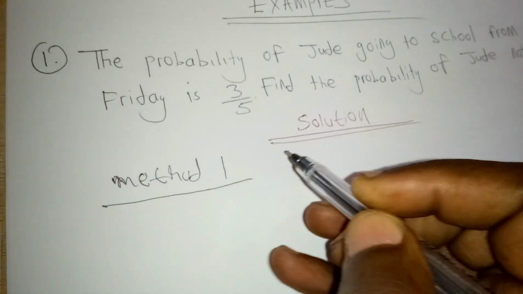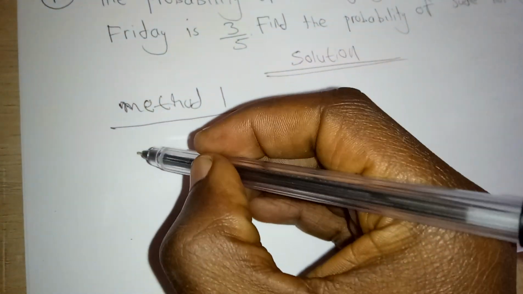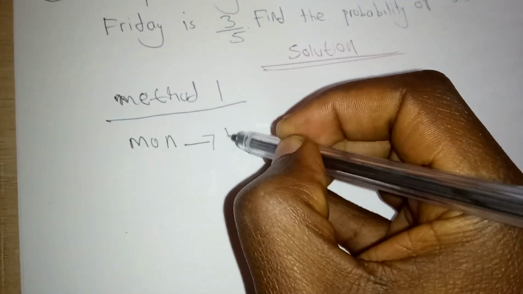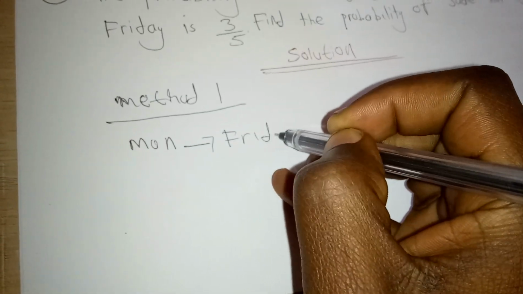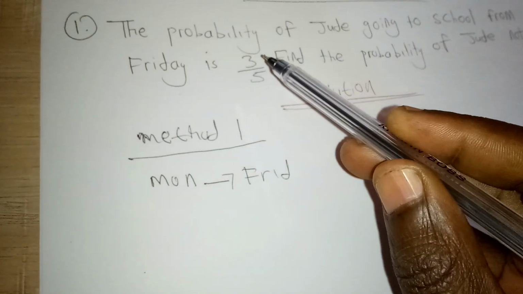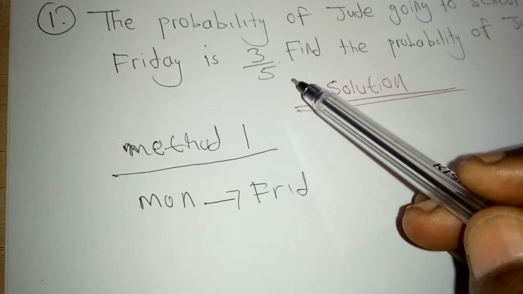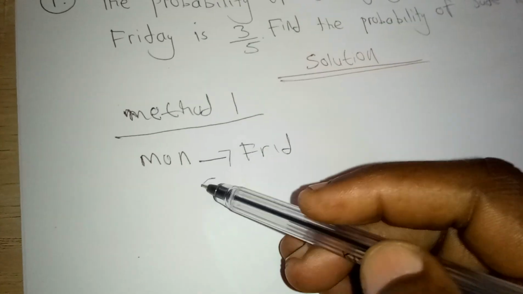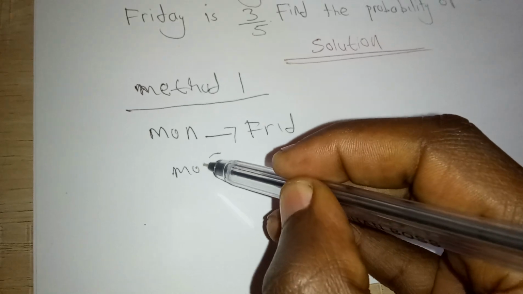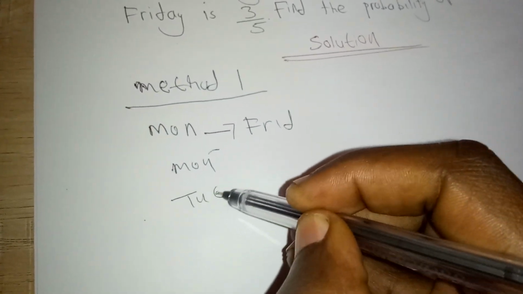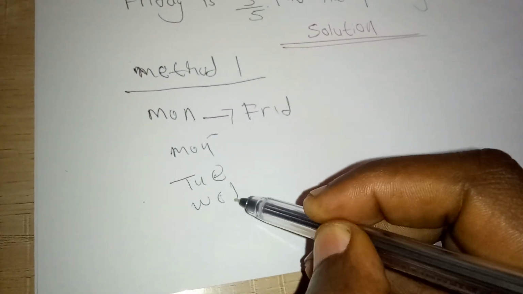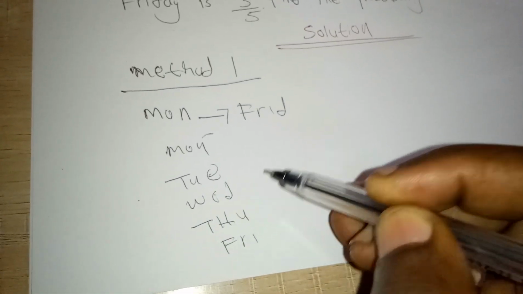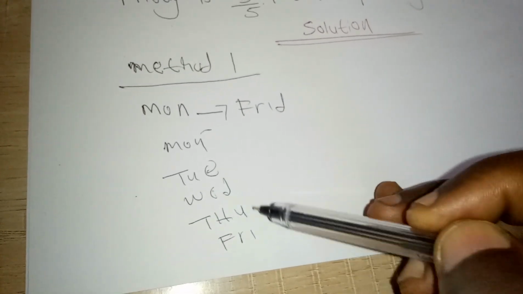We have been told that the probability of Jude going to school from Monday up to Friday is 3/5. Take note that this 5 represents the number of days: Monday, Tuesday, Wednesday, Thursday, Friday. Here there are 1, 2, 3, 4, 5.